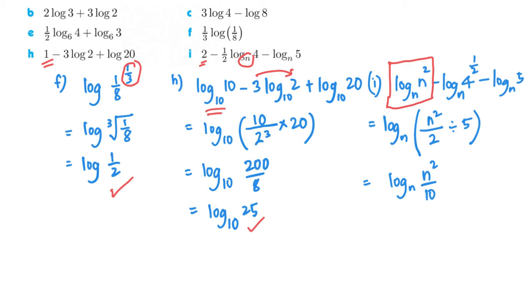If it's subtract, it means divide. And because we have another subtraction here, I just put divide like this. And then I simplify it. Divide by 5 means multiply by 1 over 5. That will be n squared over 10. Did you get the same answer as me? Okay, hope the video helps you.